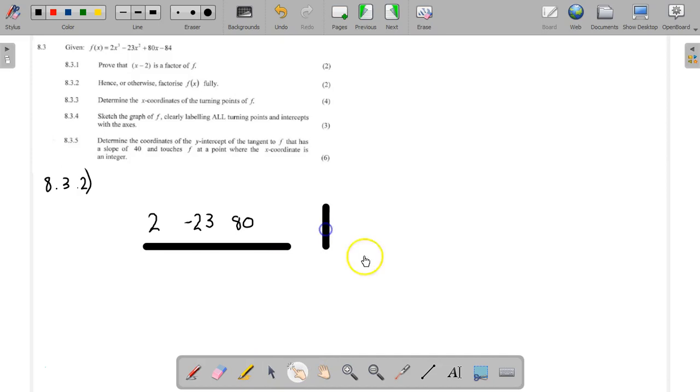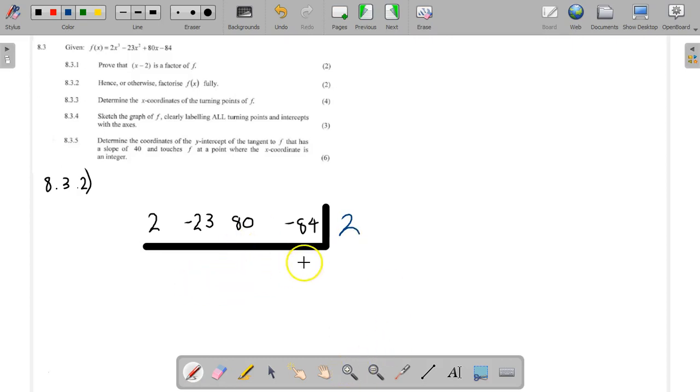And negative 84. Now I remind you that we had proven that x minus 2 is a factor, so on the outside of the L, I then draw 2, like so.